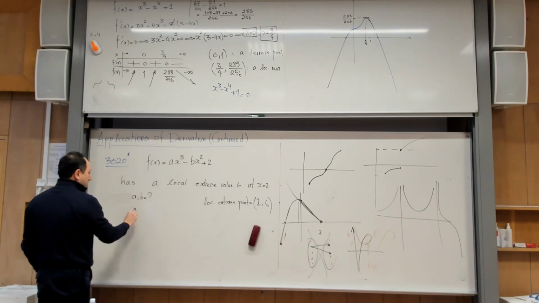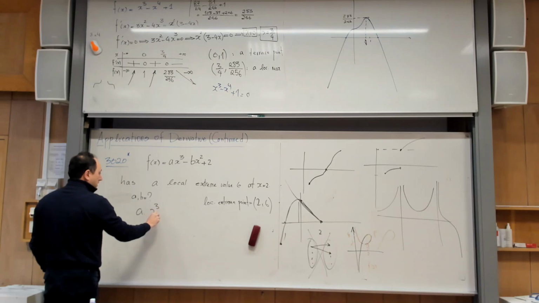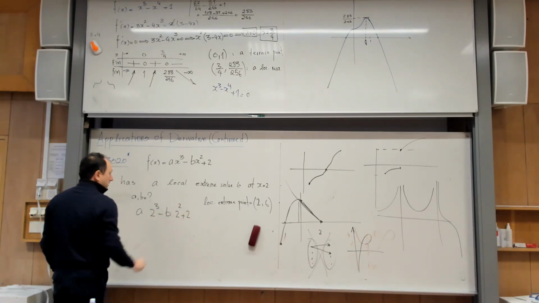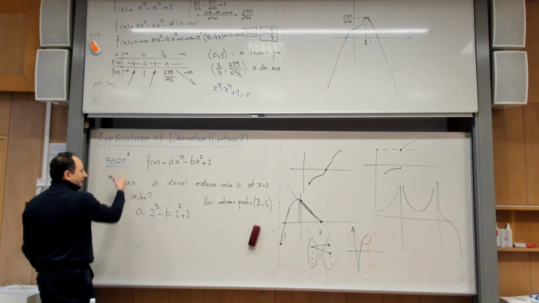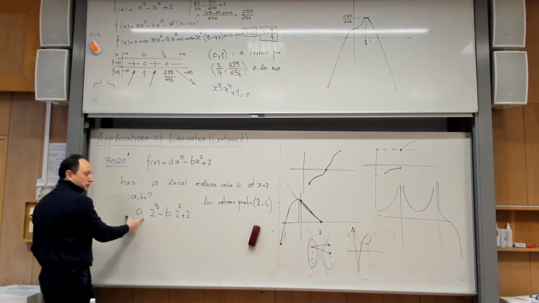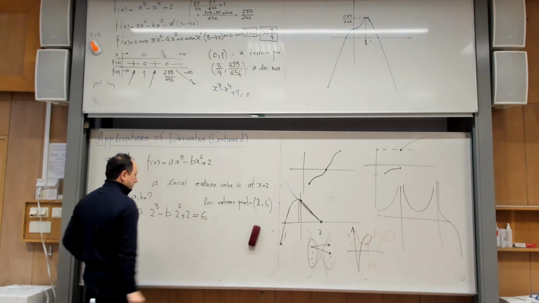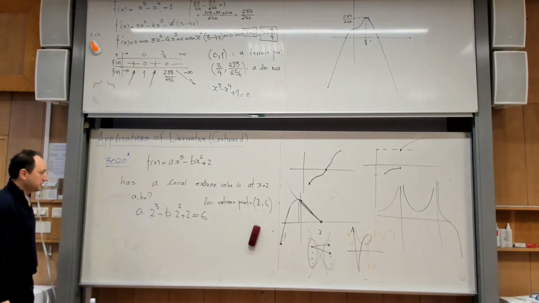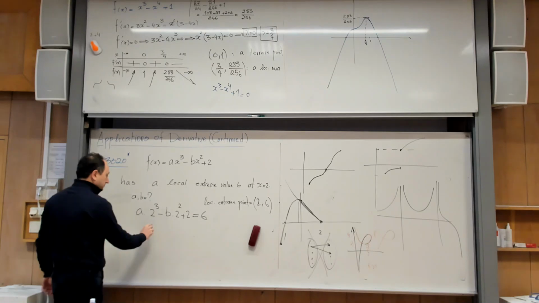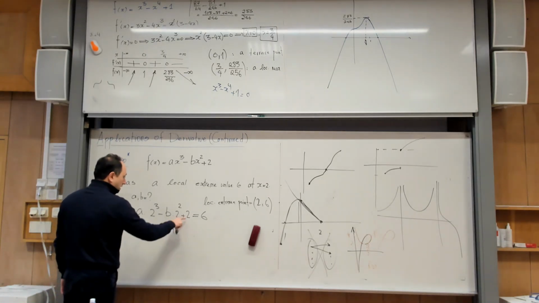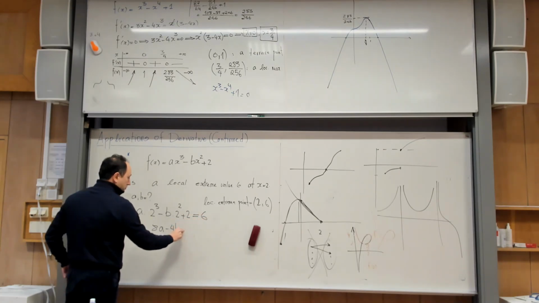So 6 equals a times 2 to the 3, minus b times 2 to the 2, plus 2. By the way, these harder questions are algebraically simpler, but conceptually might be a little bit harder. The algebra involved is very trivial. This is 8a minus 4b, and I move 2 to the other side, it becomes 4.